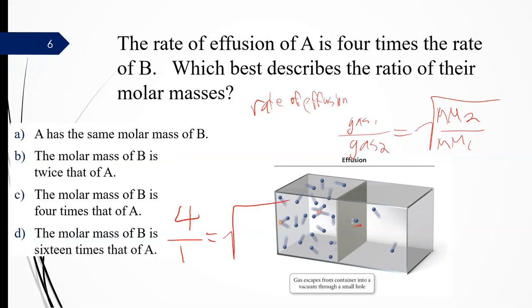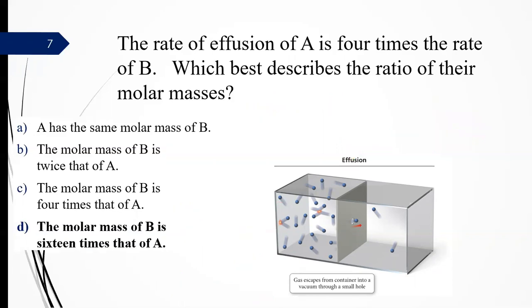So that equals the square root of the molar mass of 2 over the molar mass of 1. So 4, we have to get rid of that square root sign, we square it, so 16 is the molar mass of 2 over the molar mass of 1. So that tells us that the molar mass of B should be 16 times that of the molar mass of A.